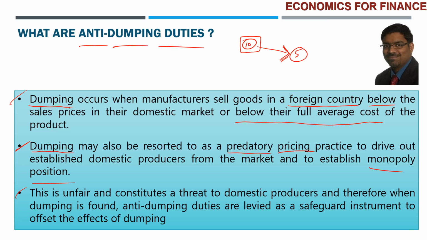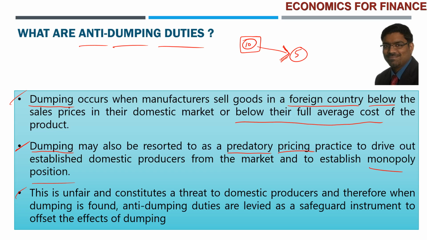Now, after some time, the same level of predatory pricing practices is not there. Now almost all the mobile phone manufacturers are selling mobiles more or less at the same price. But initially, when they introduce their products in the market, they go for predatory pricing practices. Dumping can be one way of predatory pricing practices.